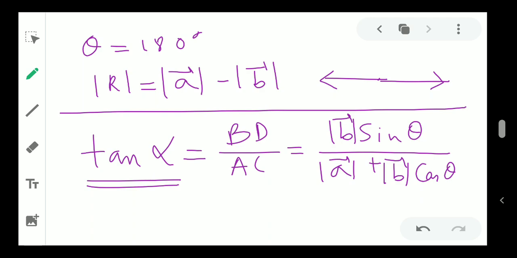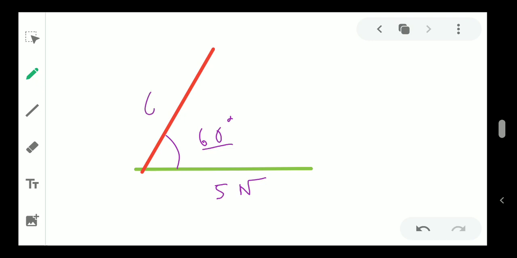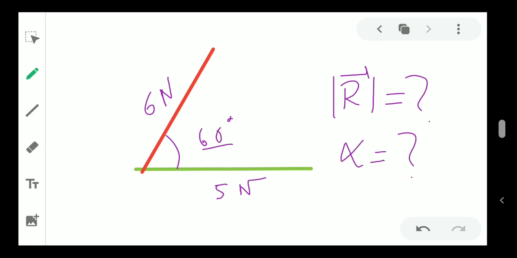So also I have gotten the direction of my resultant vector. Now if I give you two vectors, one is this, another one is this, with an angle of 60 degree between them. This is 5 Newton and this is 6 Newton. You should find the value of the resultant vector and the direction of the resultant vector with 5.